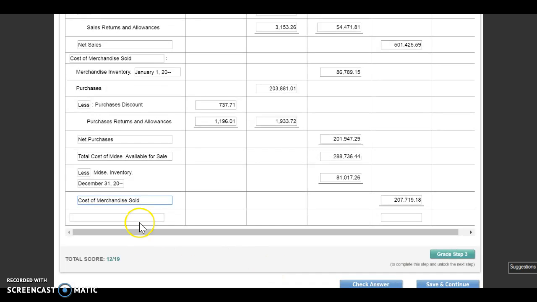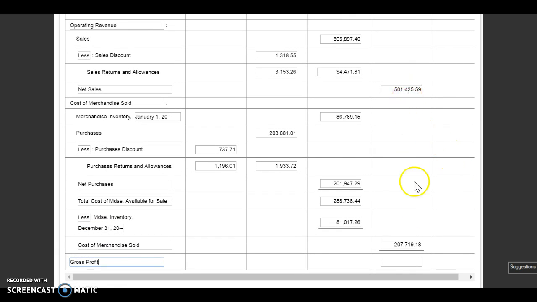Okay, the last thing that we need to figure out then on this part is our gross profit. And so our gross profit, we are going to take our net sales and we are going to subtract from it our cost of merchandise sold.